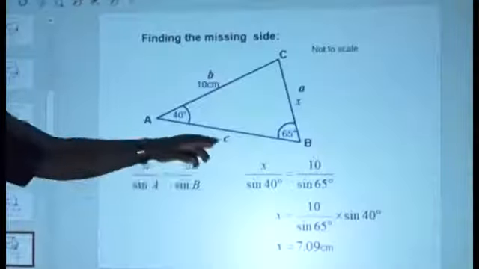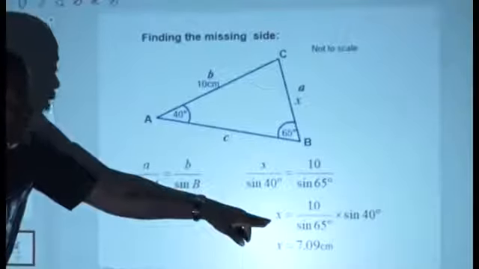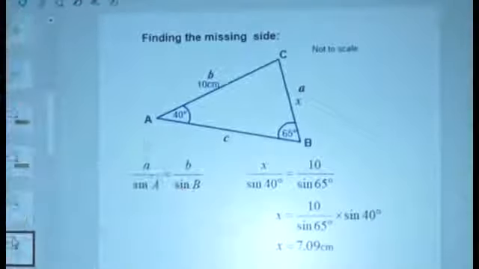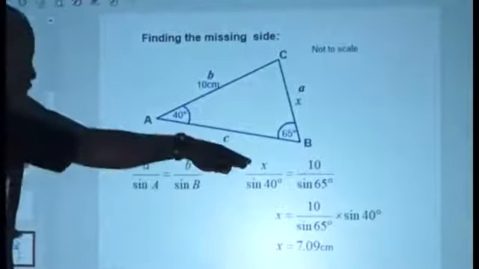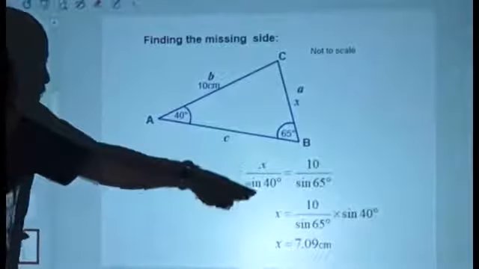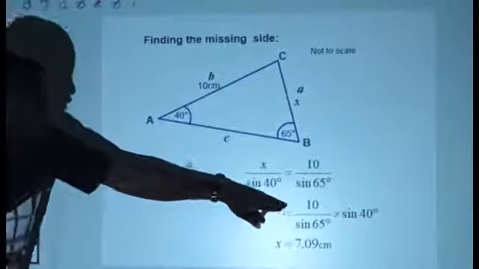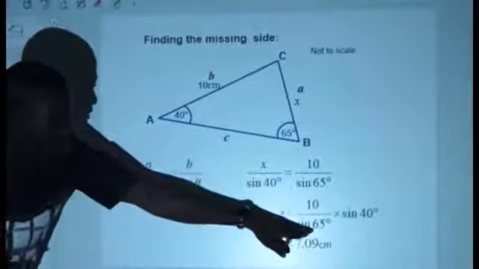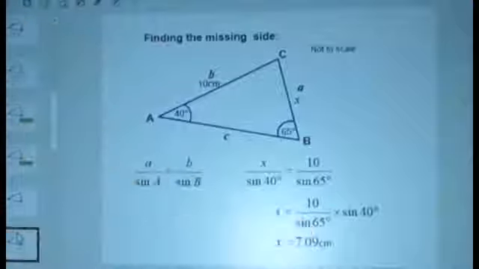But how do we now proceed? Even if you are using the calculator, you will have to work it out, making x the subject of the formula. Then you'll have to say x equals 10 over sine 65 times sine 40.